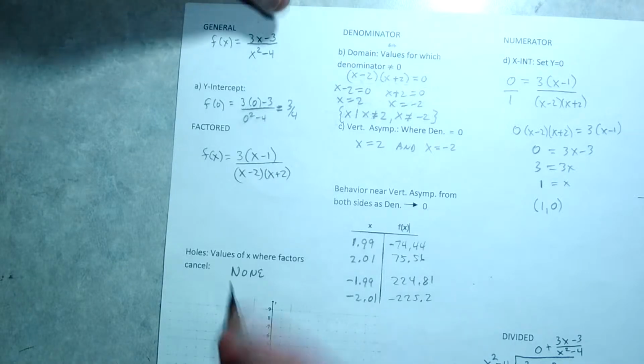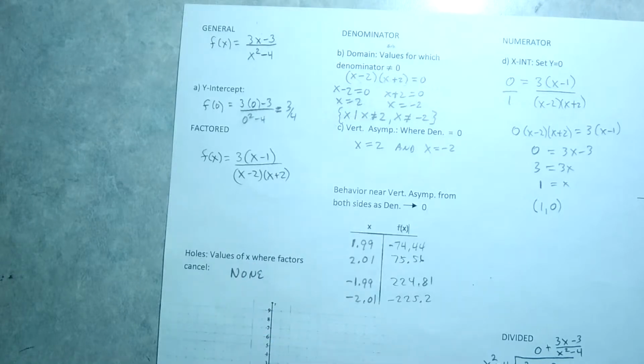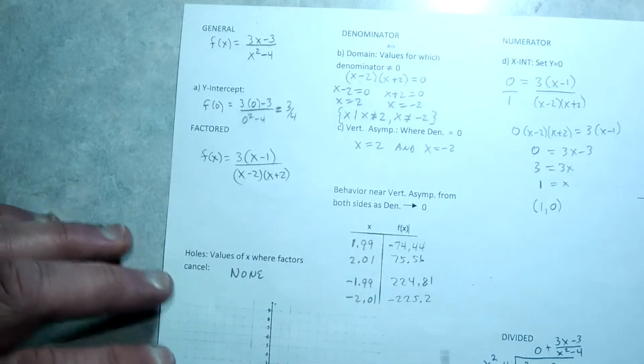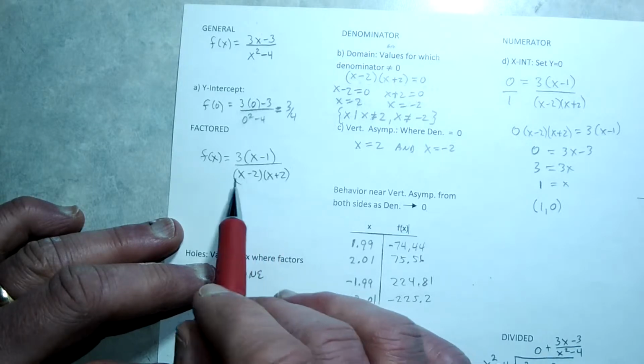The domain is going to be limited in that you're not allowed to ever divide by 0. Since these are rational functions, there's potential where we would put in an x value that would cause 0 in the denominator.